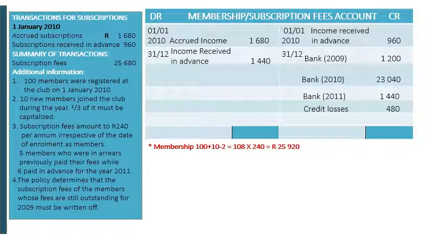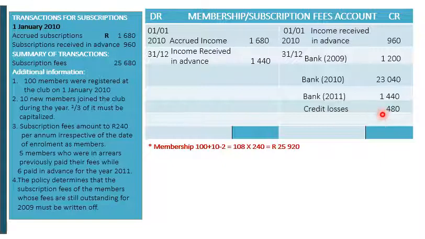If we are to determine the total income, we will do it as follows. We will take the number of members that were registered at the beginning of the period, add the members who joined during the year, deduct the members that resigned from the club, represented by the credit losses that were written off.